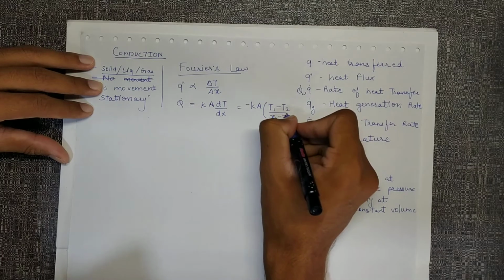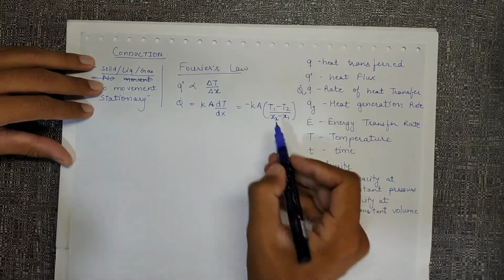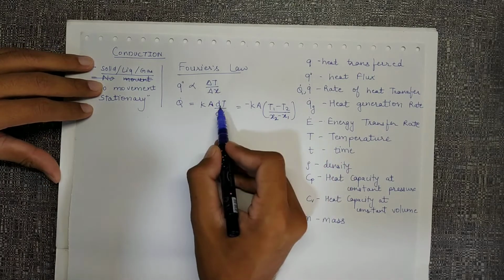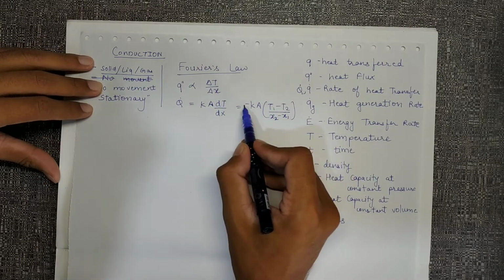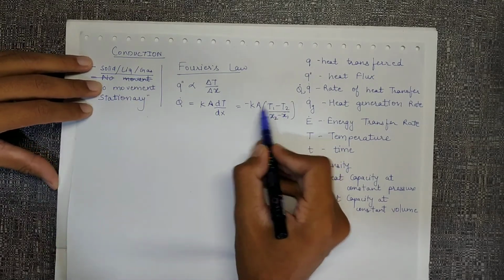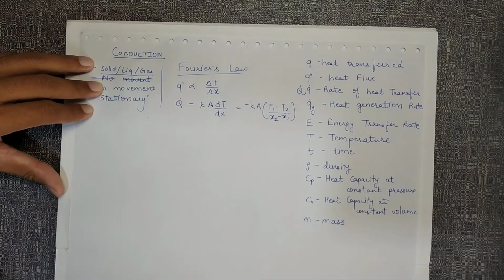In the numerator it would have been T2 minus T1 if I write dT, but I have taken that negative sign outside. That's why I could change it to T1 minus T2.